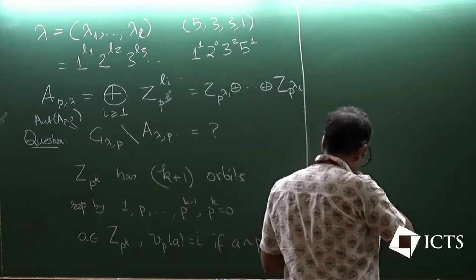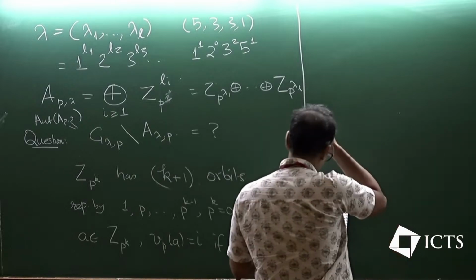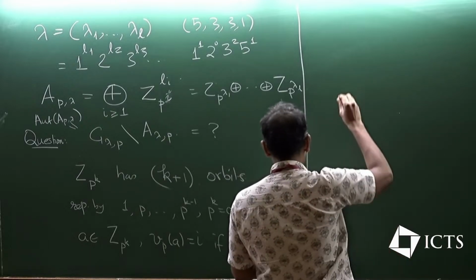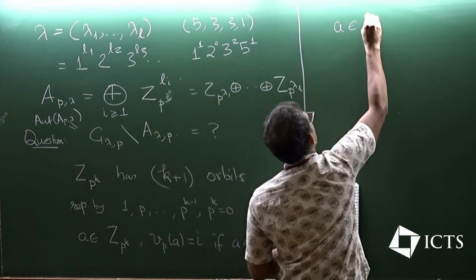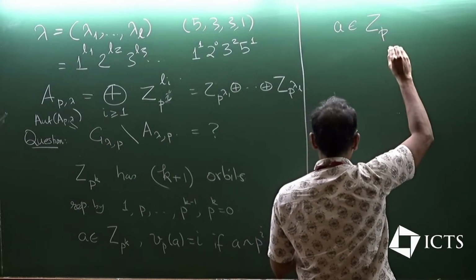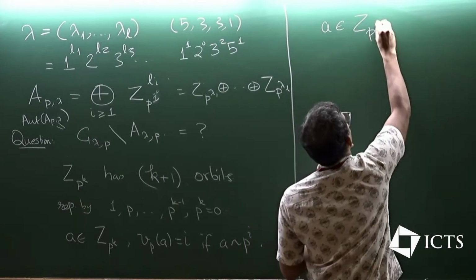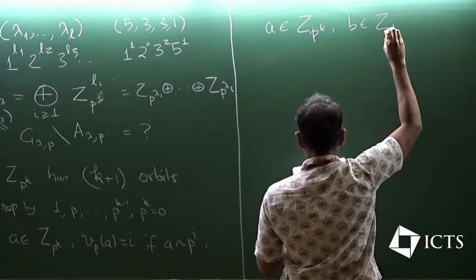To move towards automorphisms, here's a very simple observation. Suppose I have a in the integers mod p to the k, and b in the integers mod p to the s.